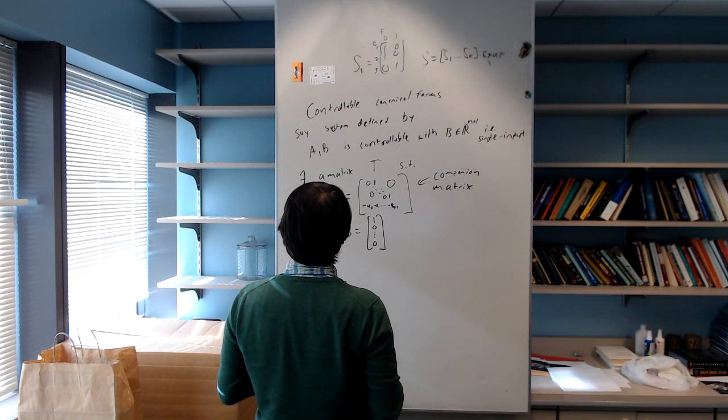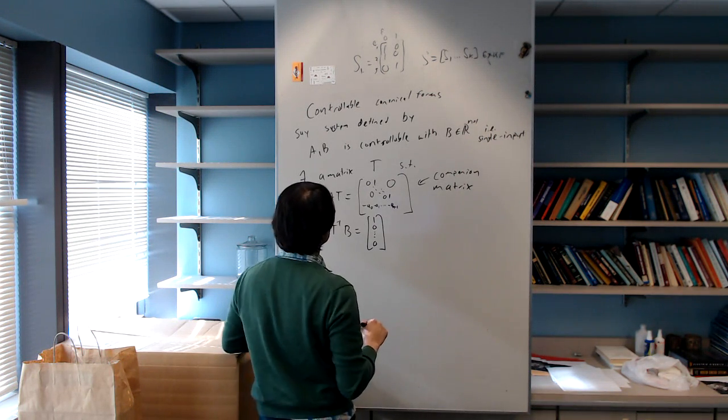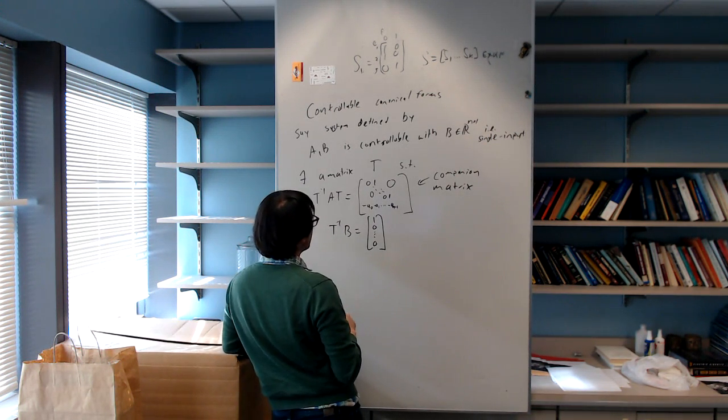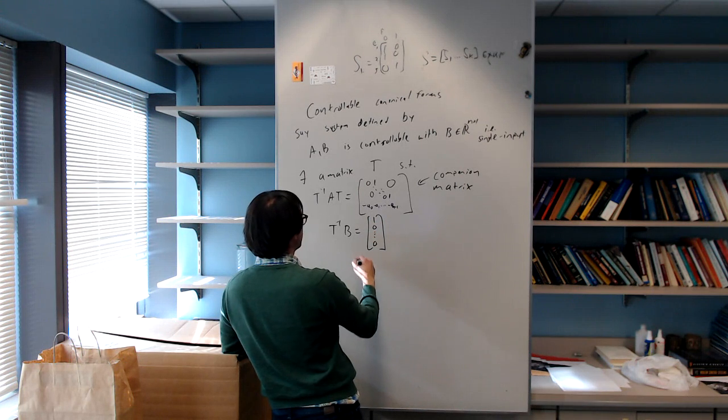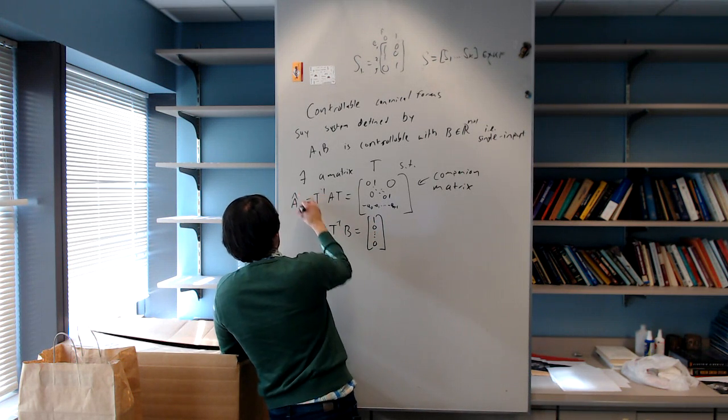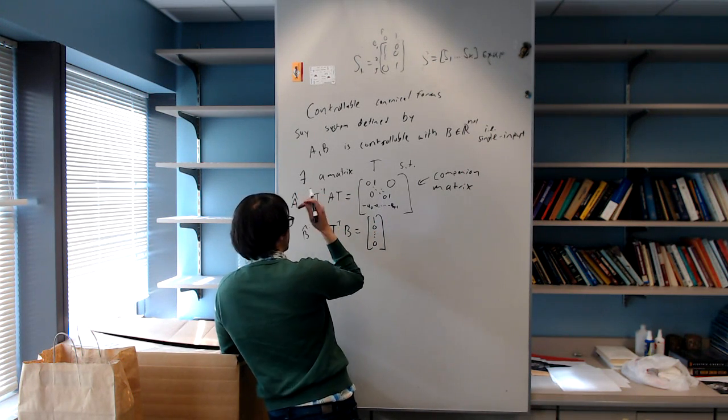Now, let's for a moment see why this thing is controllable. The big thing that we're going to see here is the controllability matrix. So let's call this thing A hat and B hat.